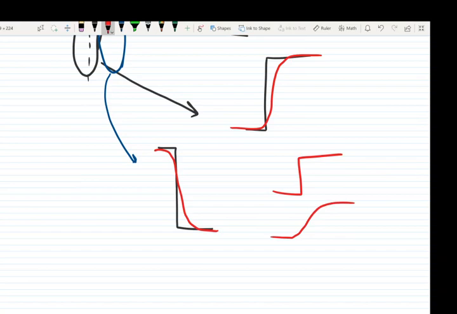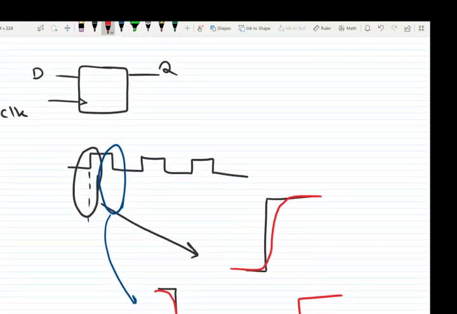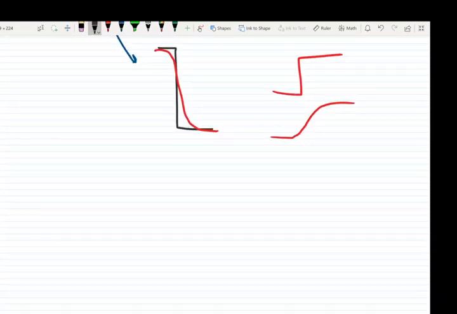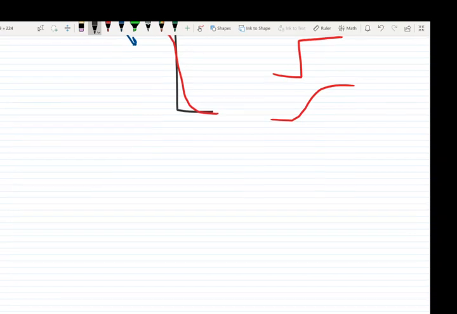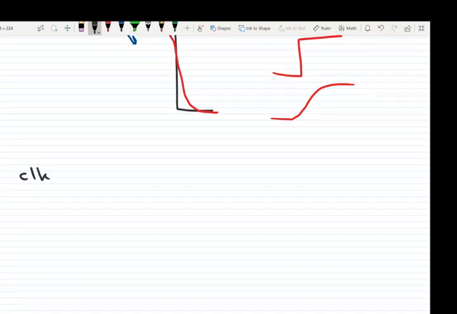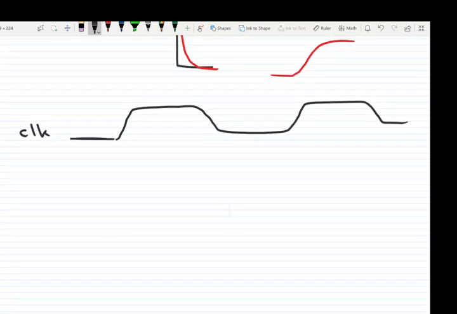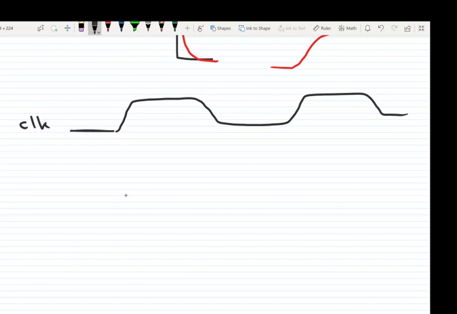Okay, so here I'm going for this flip-flop. I want to show a clock cycle in this way. So we have a clock cycle which starts from 0 and changes to 1, 1 to 0, 0 to 1, 1 to 0. So this one is a real clock cycle. And we have a D input.